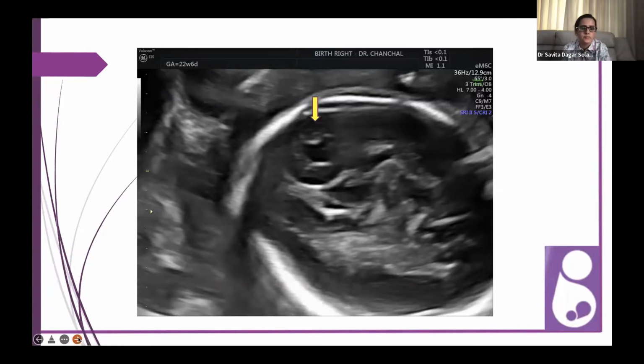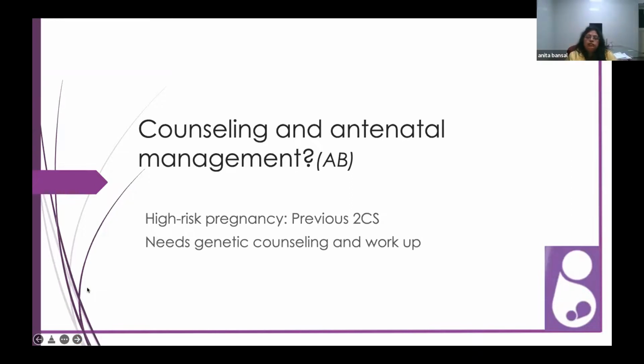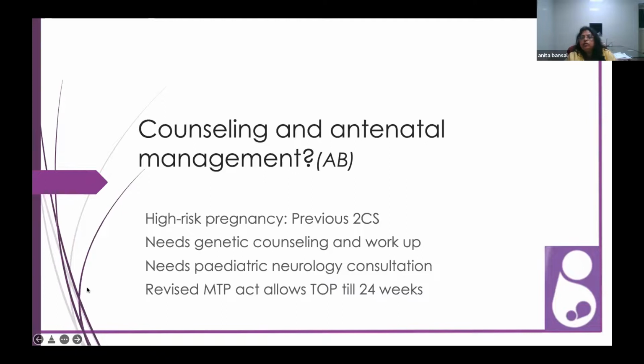Right. So now, given the history and this ultrasound finding, Dr. Anita, what would your counseling and antenatal management be? The patient already has two previous cesarean sections. She had two previous affected children, so there seems to be a genetic predisposition, and this child in the ultrasound is also already showing some changes in the posterior fossa.